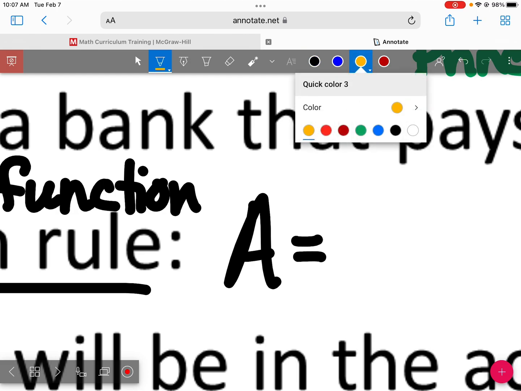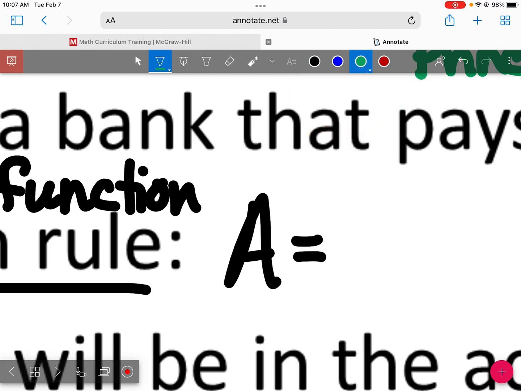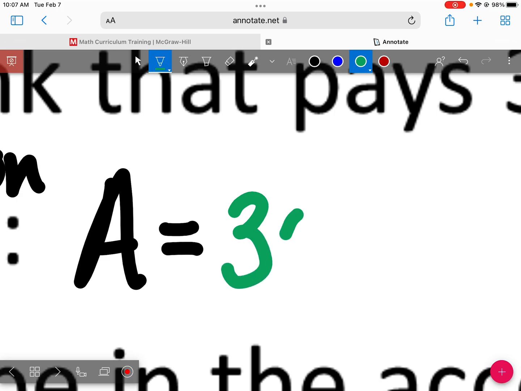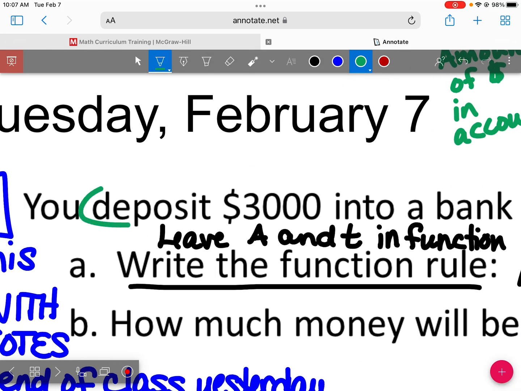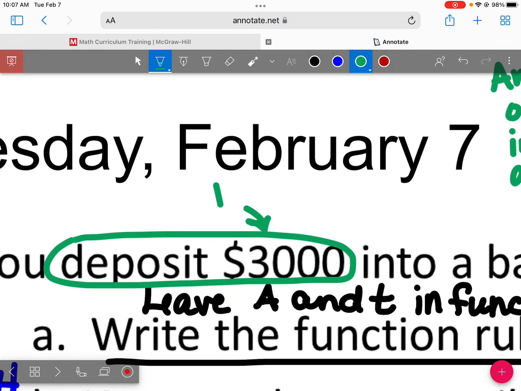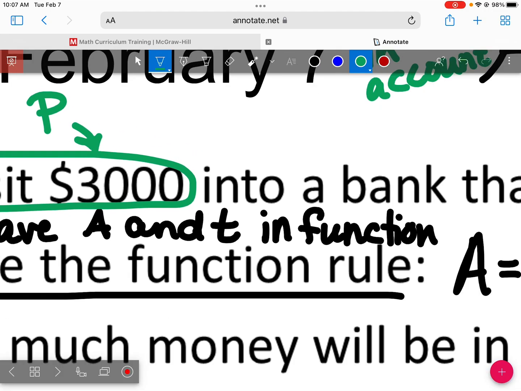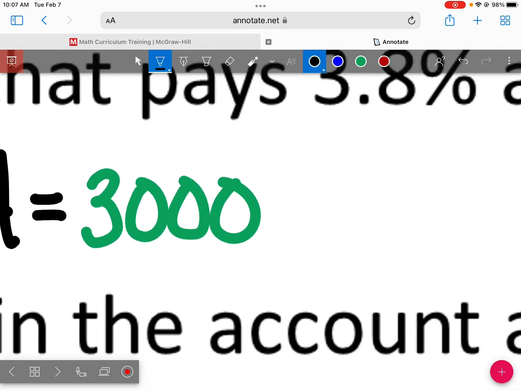Do I have a value that I could substitute in for P, for the principal? 3,000. This was the deposit amount. So that is my principal, that's P. That's the starting amount. And then I've got parentheses.